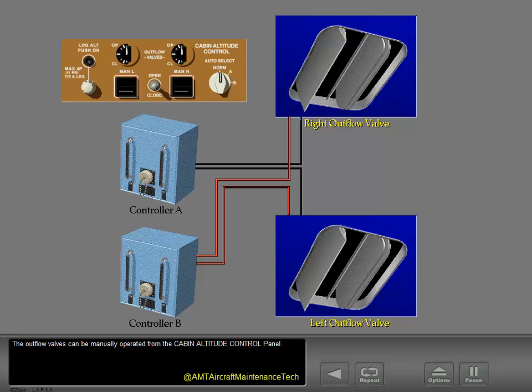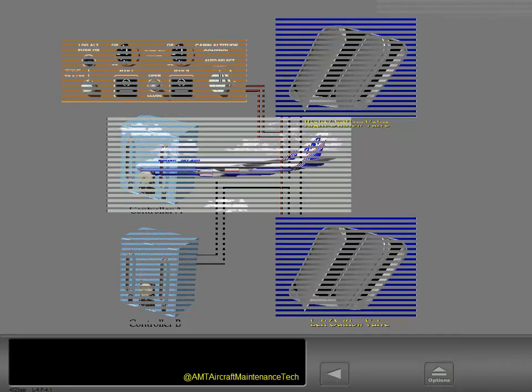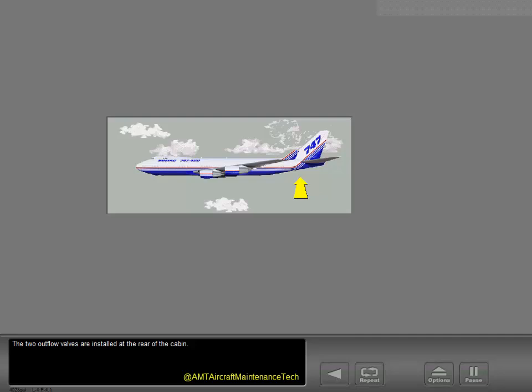The outflow valves can be manually operated from the cabin altitude control panel. The two outflow valves are installed at the rear of the cabin.